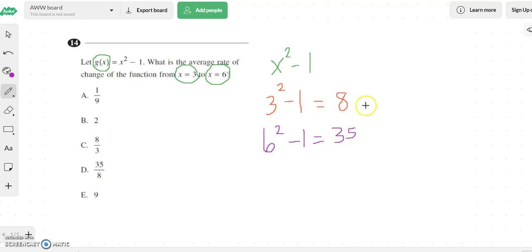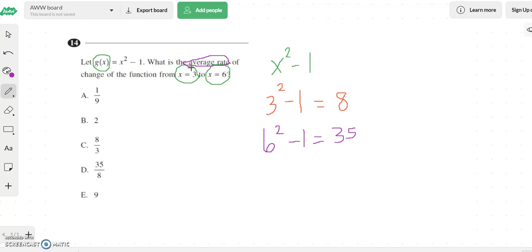Okay, so this is the change between the two of them. But what they're wanting to know is the average rate of change. So they're wanting to know something slightly different from what we have right here.